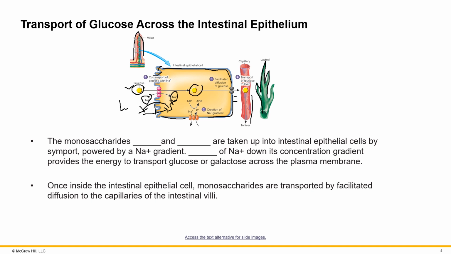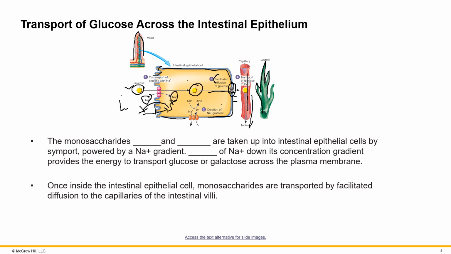Right here you see glucose that is inside of the epithelial cell, and it is absorbed into the blood capillary using facilitated diffusion. So it's co-transported with sodium from the intestinal lumen into the epithelial cell, and then it is transported by facilitated diffusion from the epithelial cell into the blood capillary, which is where it is going to go to the liver for processing and storage.